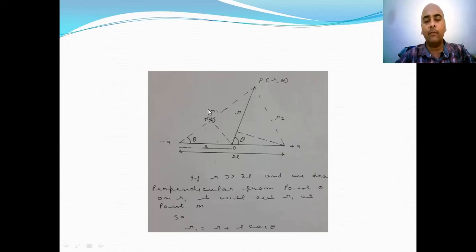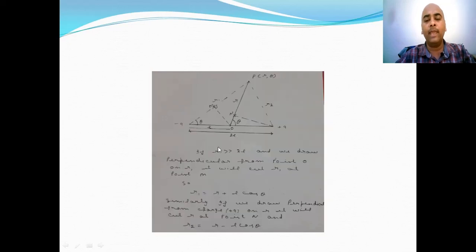So r1 is the distance MP, which is equal to r, plus the distance from minus q to point M. And as this angle is 90 degrees, from the geometry shown in the slide we can estimate that the distance from M to minus q is l cos theta. So r1 is nearly equal to r plus l cos theta.